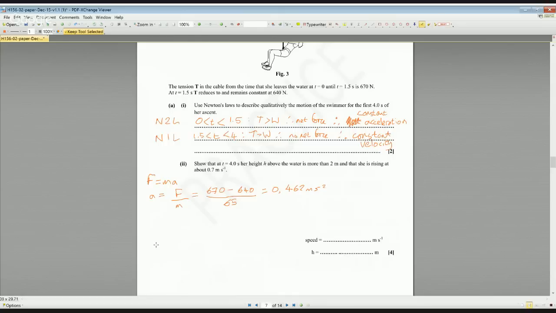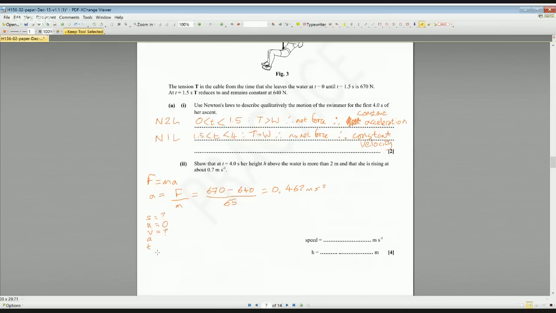The next stage here is to consider the first 1.5 seconds. As with all SUVAT problems, it's really good to write out SUVAT. So S, well, we need to find that out because we need to find out the total distance lifted. So S will get us part of the way there. U, we know to be 0. V, we also want to find out. That's the final velocity.